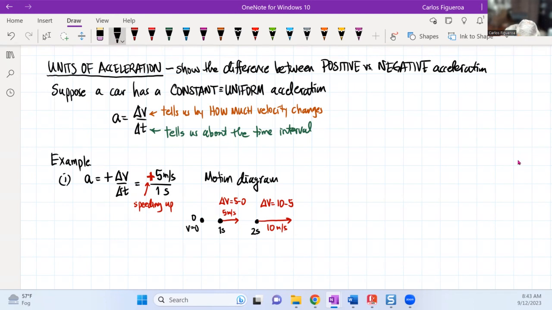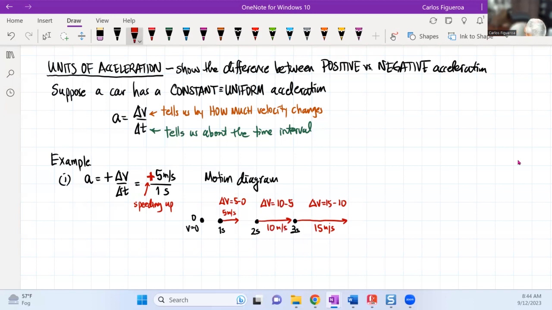And then after 3 seconds, this arrow is even longer because my velocity has now changed from 10 to 15. So now this object is moving at 15 meters a second. So it's telling me that if I have a positive acceleration, my velocity keeps changing in the positive direction.